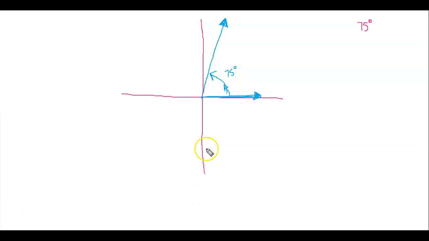What if I was asked to graph pi over 6 radians? Well, let's see. If this is 0, I know I want my vertex to be at the origin, and then my initial side is going to be over here. Let's see, pi over 6. Well, I know this is pi. So the one cool thing about radians is it's fractions. Everything's fractions. So if this is pi over 6, that's 1/6.